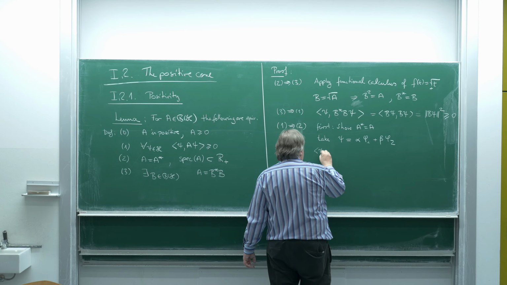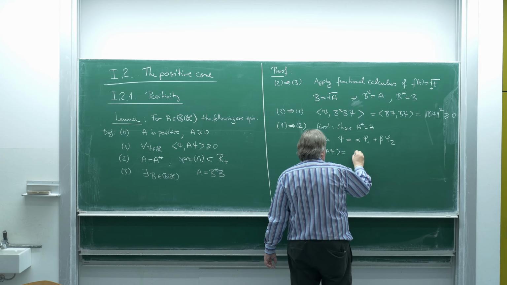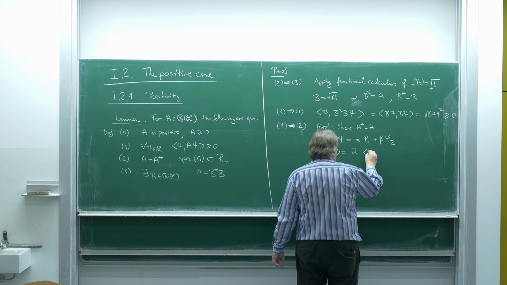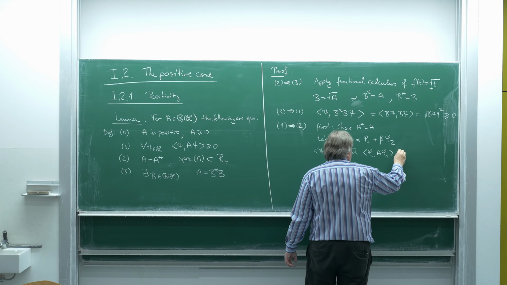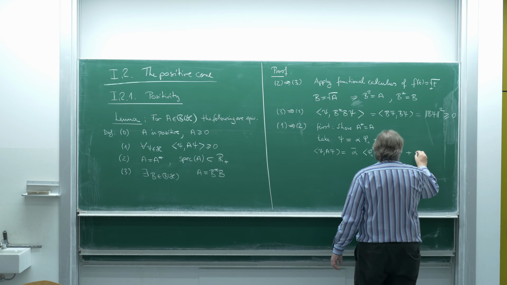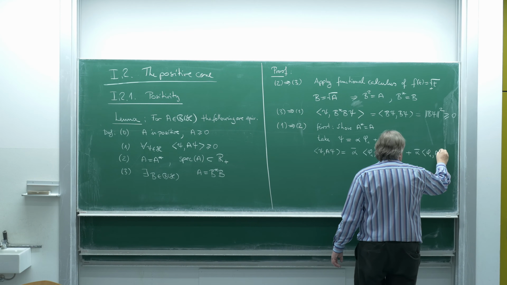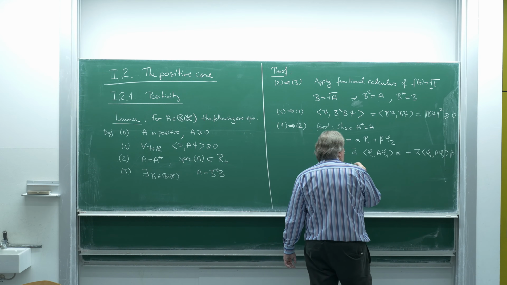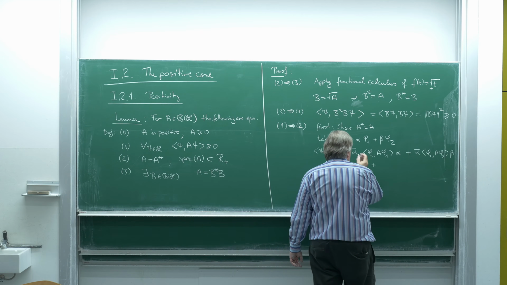So psi A psi is alpha bar phi 1 A phi 1 alpha plus alpha bar phi 1 A phi 2 beta plus the complex conjugate, well, of the previous term.